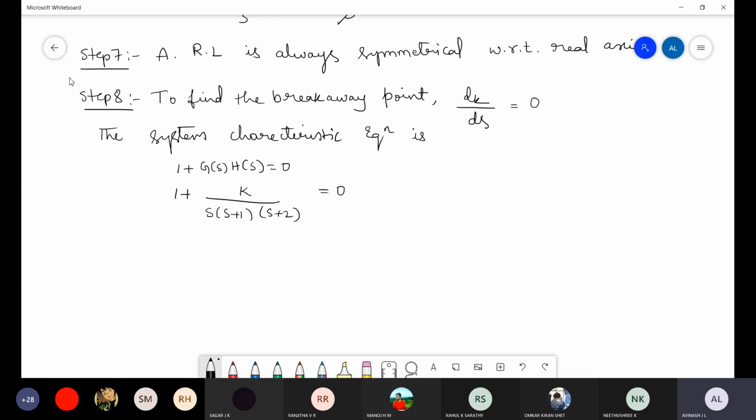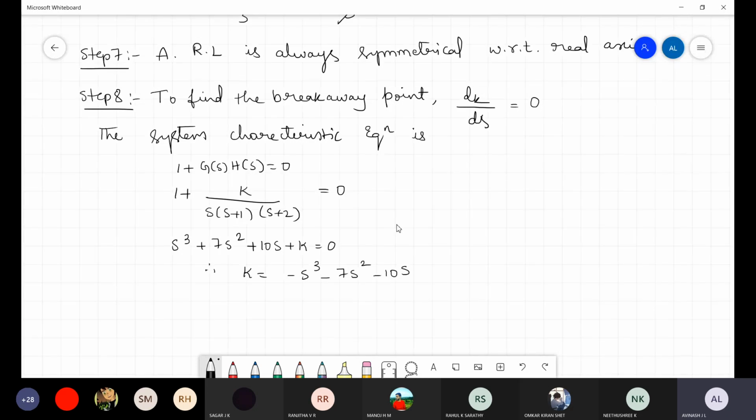If you simplify it, you will get s cube plus 7s square plus 10s plus k equal to 0. So k will be equal to minus s cube minus 7s square minus 10s. This is the value you are going to get.